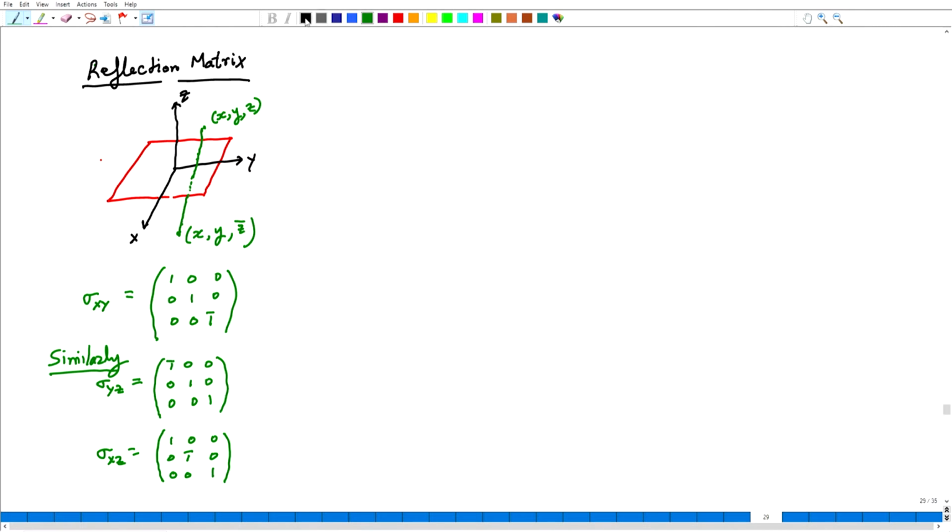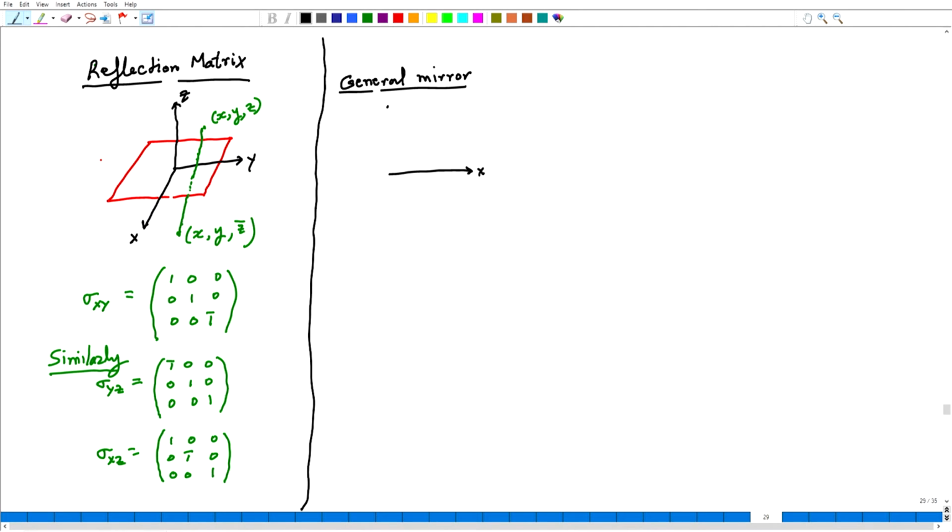Now, let us talk about a more general mirror. Let us just say this is the x axis, this is the y axis, and the z axis is normal to the xy plane. Now, suppose this was my mirror.